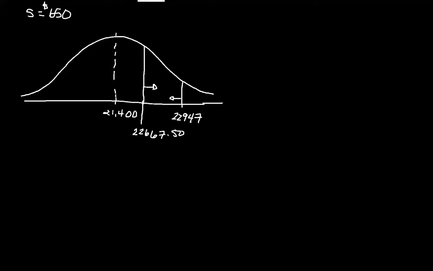I'm going to shade it in. So I'm going to shade in what I'm looking for. The red area, where I'm coloring it in, is what I'm looking for. So I'm looking for the probability of that. Now, to do that, I need to use my standard normal table.